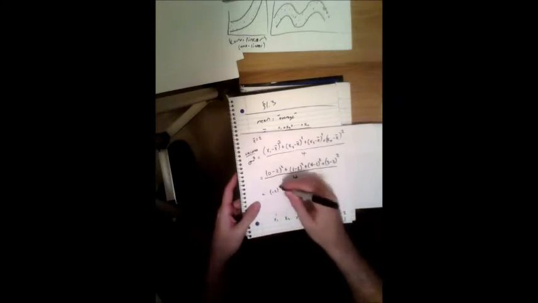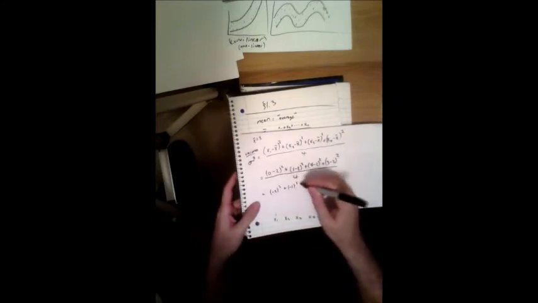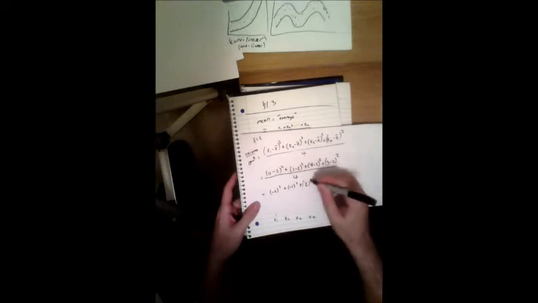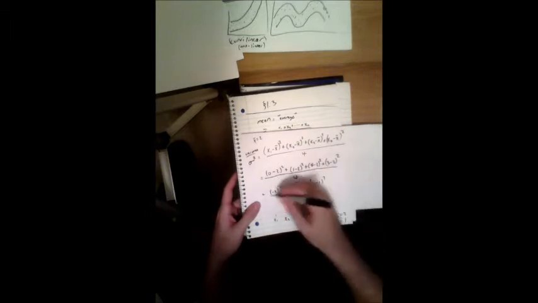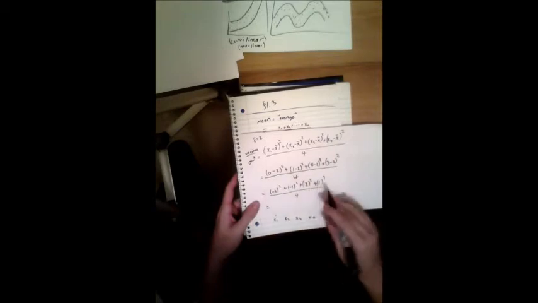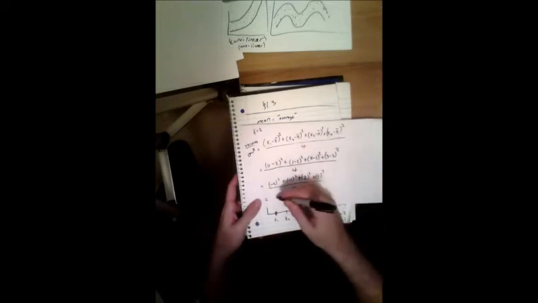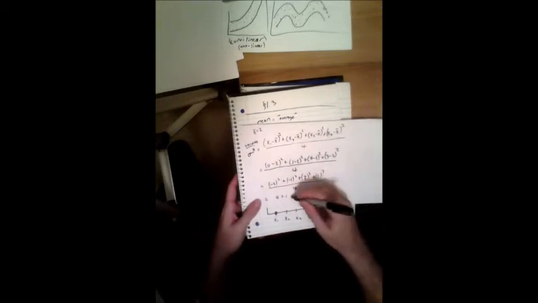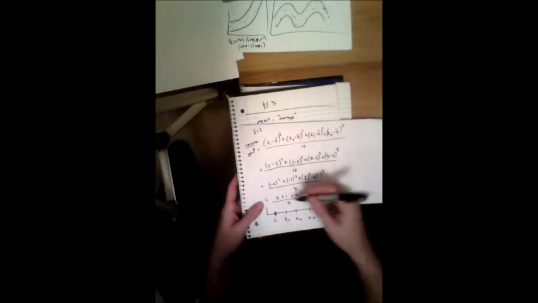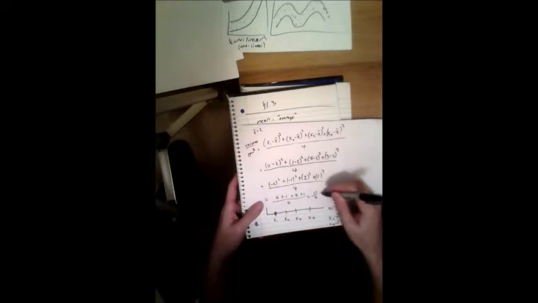Negative 2 squared plus negative 1 squared plus positive 2 squared plus 1 squared, all divided by 4. So we have positive 4 plus 1 plus 4 plus 1, all divided by 4. And what do we get? We get 10 divided by 4, or 2.5. Okay, so our variance here is 2.5. This gives us an idea of how much our data points vary from one point to another.